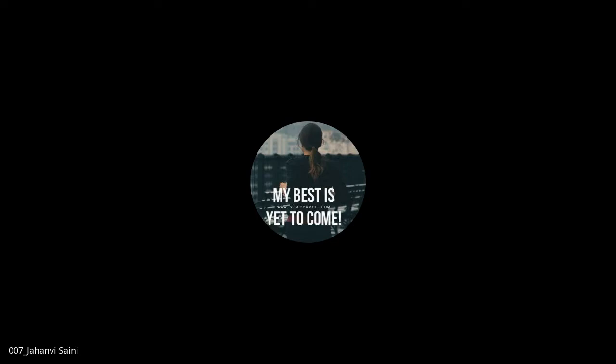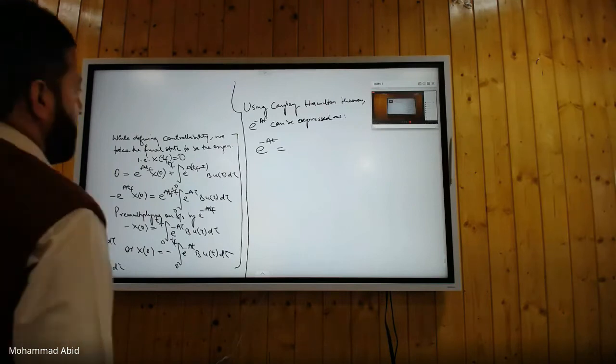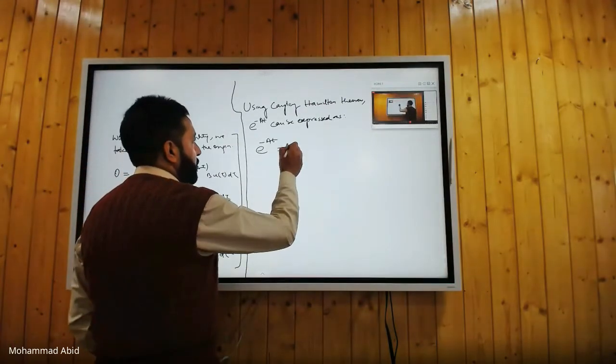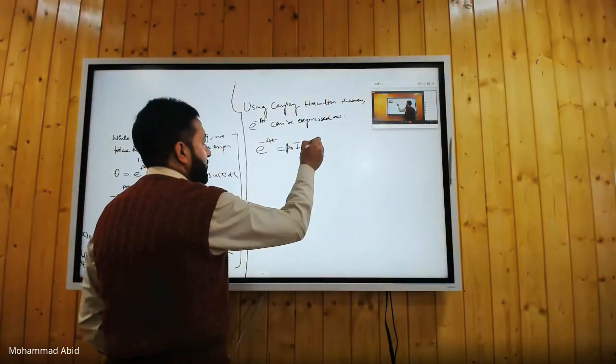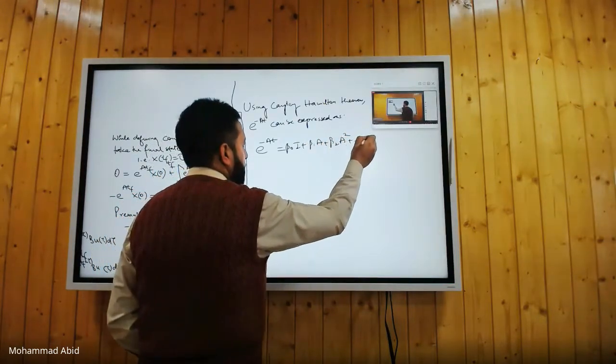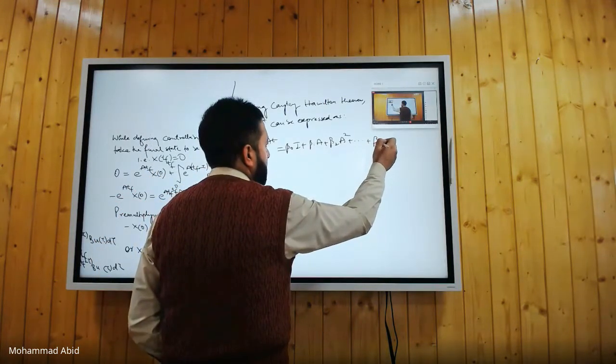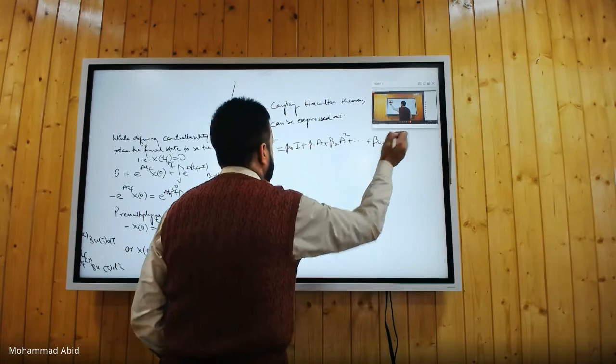So beta naught I plus beta 1 A plus beta 2 A square plus so on, isn't it? I can express it as a matrix polynomial: beta naught I plus beta 1 A plus beta 2 A square plus so on, beta n minus 1 A to the power n minus 1.